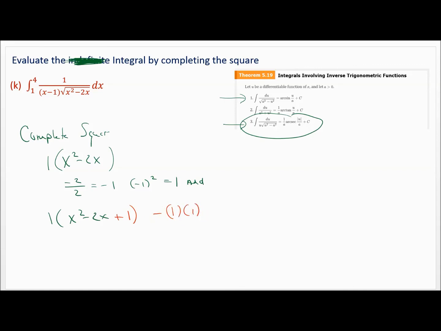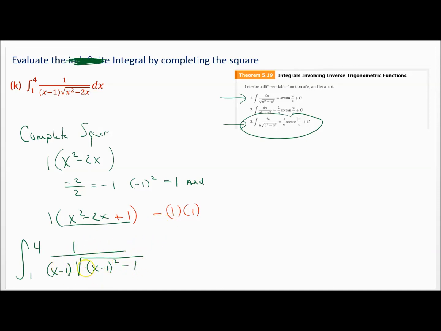Now, my new integral is going to be the integral from 1 to 4 of 1 over x minus 1, and then we have the square root of, now let's factor this, okay, it should be a perfect square, so it's going to be x minus 1 squared, and then that's going to be minus 1.